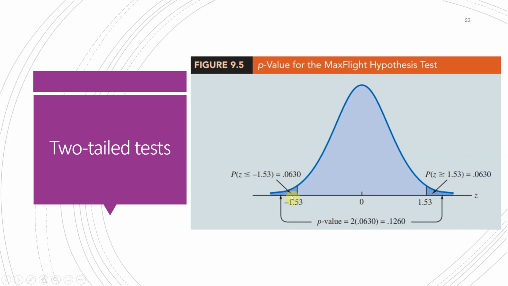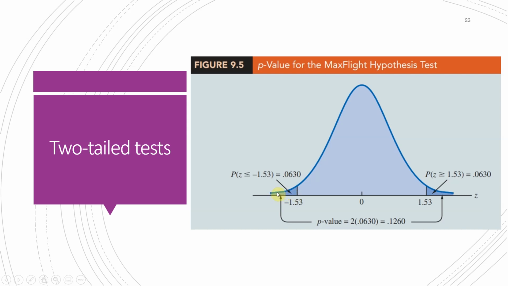But remember, we want to know the p-value. Because it's a two-tailed test, we need the probability for both regions under the curve, so we want the area under the curve for both tails. So we have to take that probability we calculated and multiply it by 2.